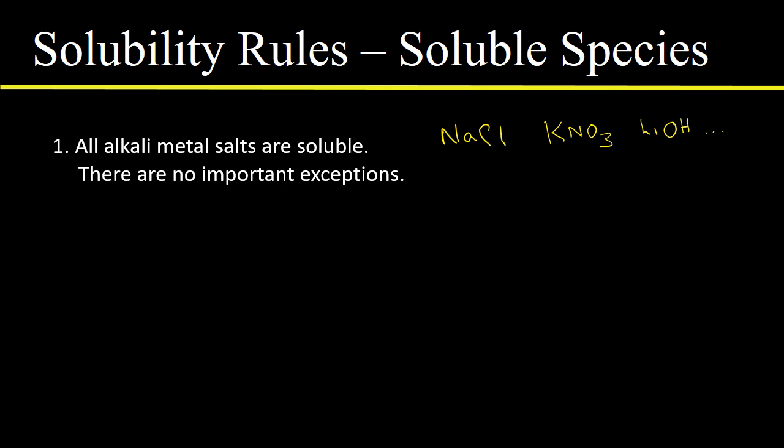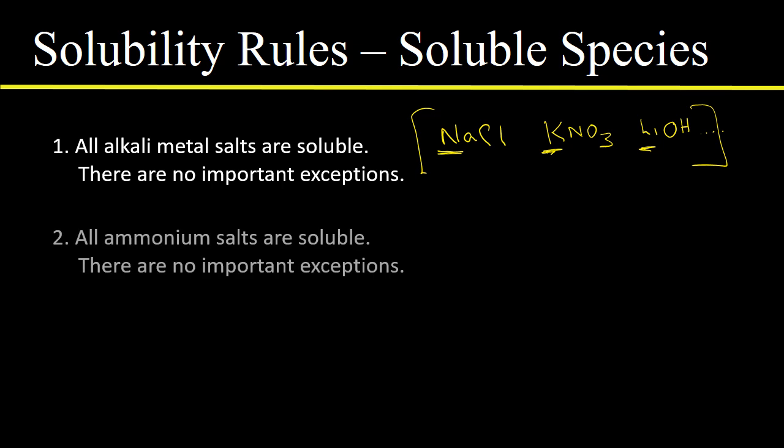As long as the metal is a group 1 metal, that's going to be soluble. You can find some fairly complex molecules containing sodium, potassium, or lithium that may be insoluble. But all these solubility rules are for fairly simple ionic compounds, and for those these rules hold pretty well.